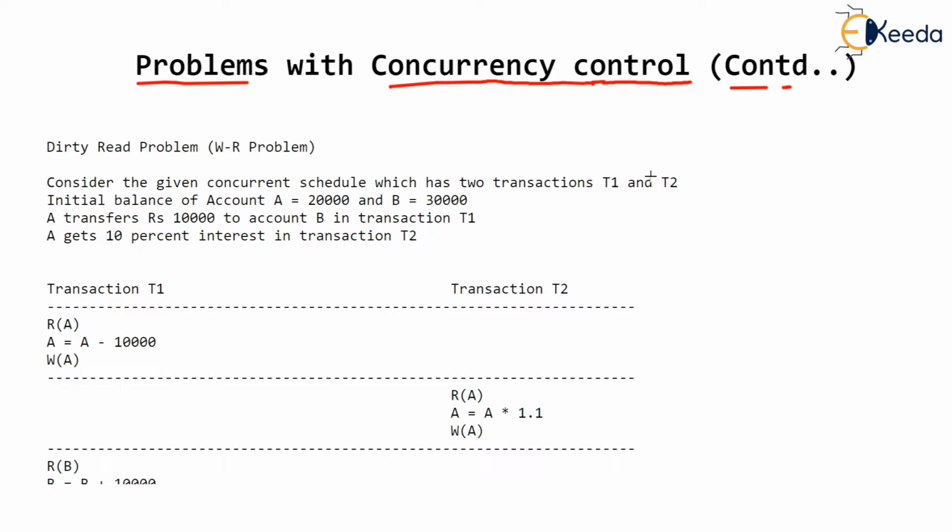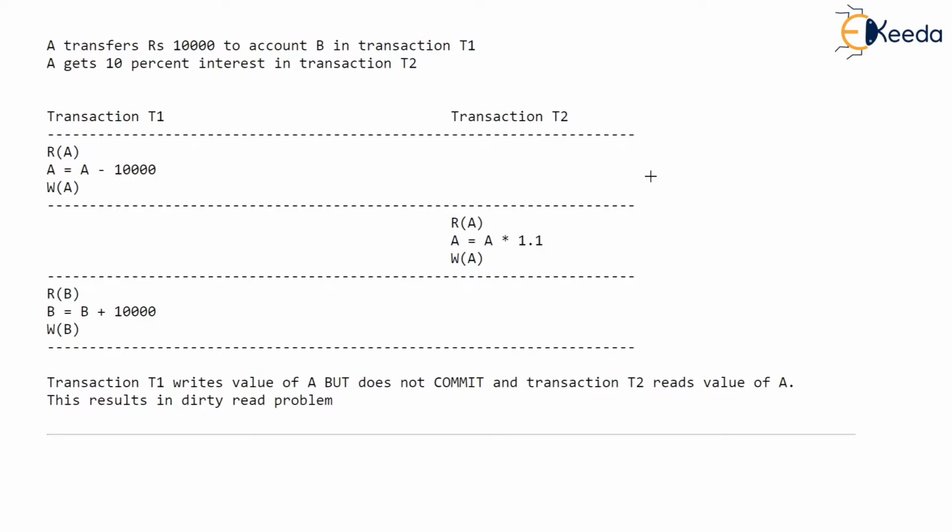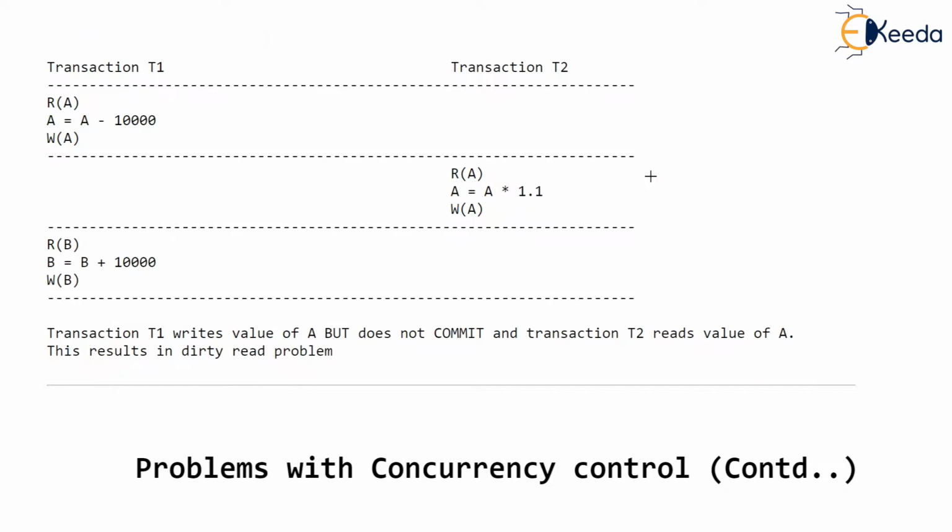Interesting term here, dirty read problem, which is a write-read or read-write problem, whatever you say. So, what is the problem all about? To understand this, just observe, it is very easy to find out whether two concurrently running transactions are going to result in read-write or write-read. You can check that transaction T1 has a write operation on A, after which it preempts, giving a chance for T2 to execute.